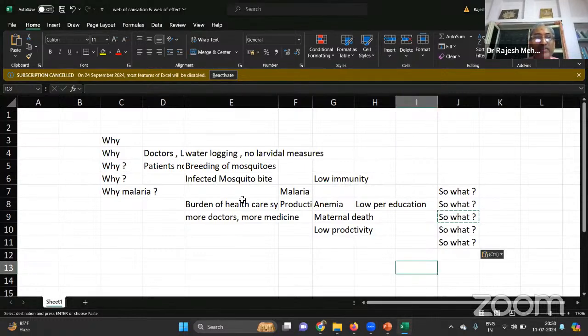So this is a web of causation and the so what analysis. Let me stop sharing it and let me have some dialogue with all of you. In your day-to-day life, when you think of some disease or take up some problem, or do some kind of research study, you try to write down epidemiological facts regarding that. You try to have a scientific inquiry for the purpose of research.